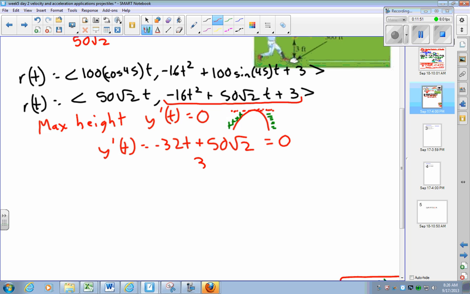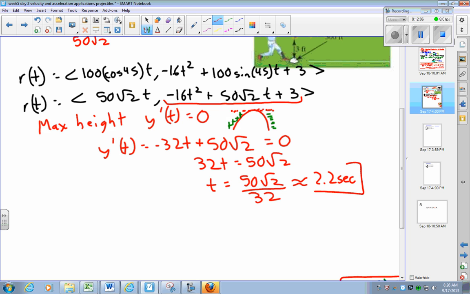So I got 32t equals 50 square root of 2. T equals 50 square root of 2 over 32, which is about 2.2 seconds. Okay? And this again is the time to max height.